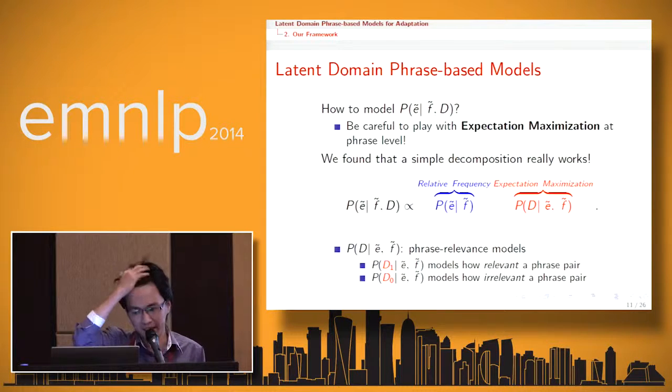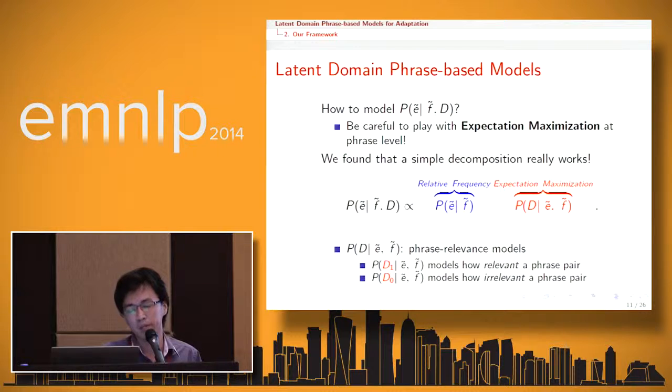In order to simplify the problem, we found that a simple decomposition really works. We decompose P of phrase E given phrase F and D as proportional to P of phrase E given phrase F times P of D given phrase E and phrase F. For the first factor, it's really easy to estimate. We just use relative frequencies.